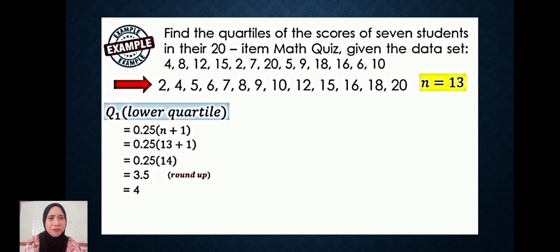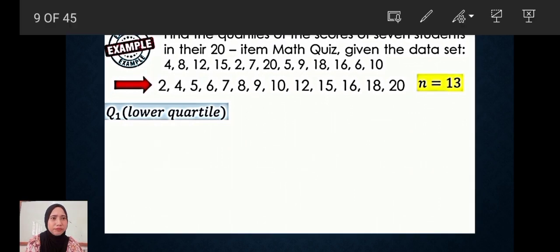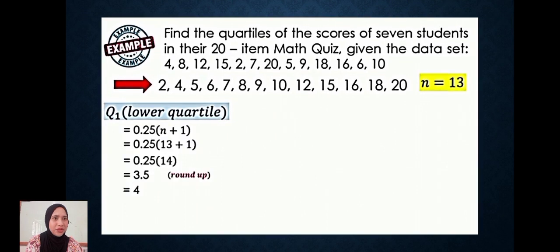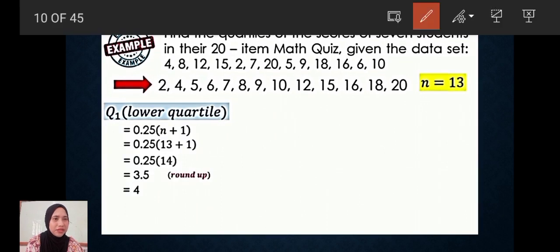Anong magiging answer natin? Si 4 ba na number na nandoon? Ito ba magiging answer? Hindi. Since we are talking about measures of position, yung 4 dyan is the position of the number that we will get.